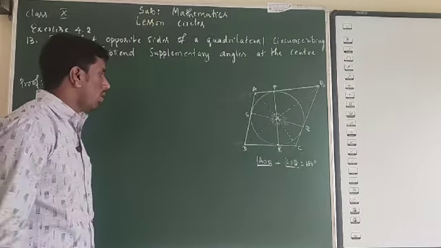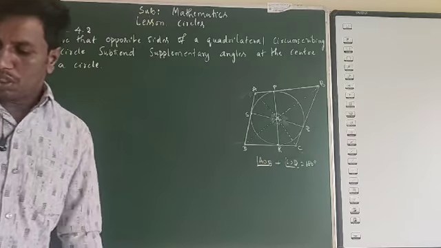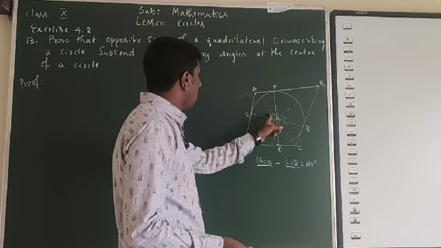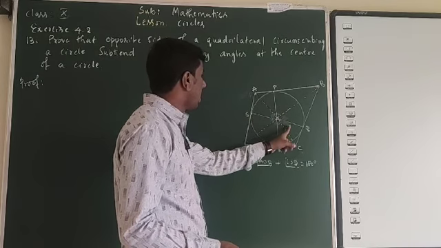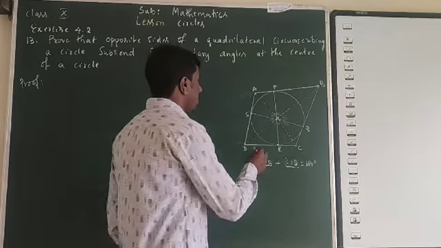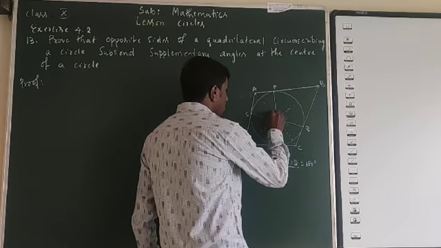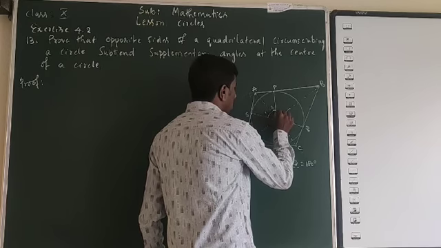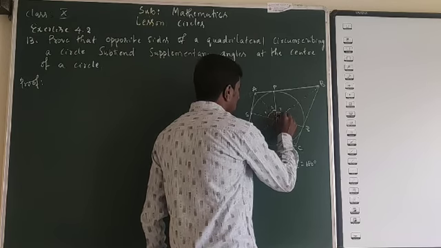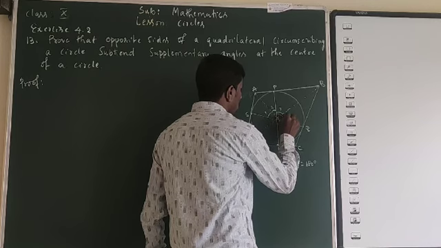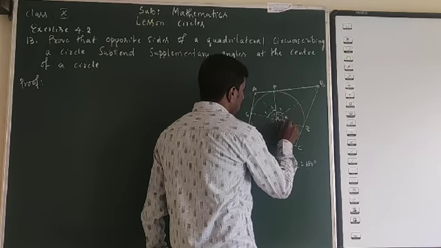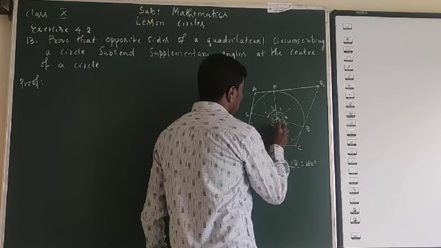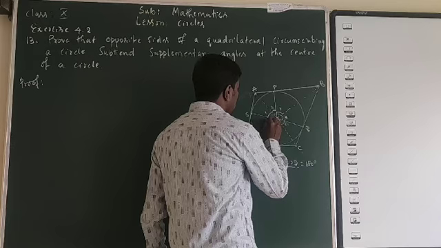Now, in order to avoid confusion, let me call these angle 1, angle 2, angle 3, angle 4, angle 5, angle 6, angle 7, angle 8. So this is angle 1, this is angle 2, this is angle 3, this is angle 4, this is angle 5, this is angle 6, angle 7, angle 8.